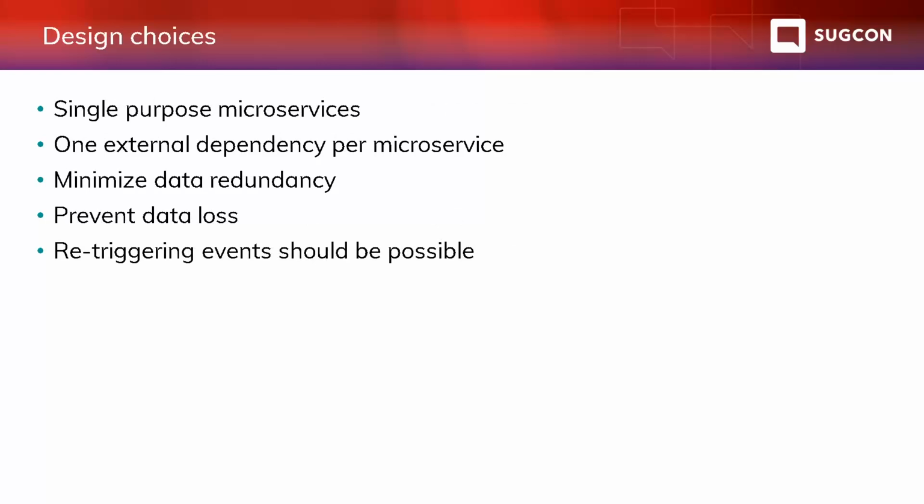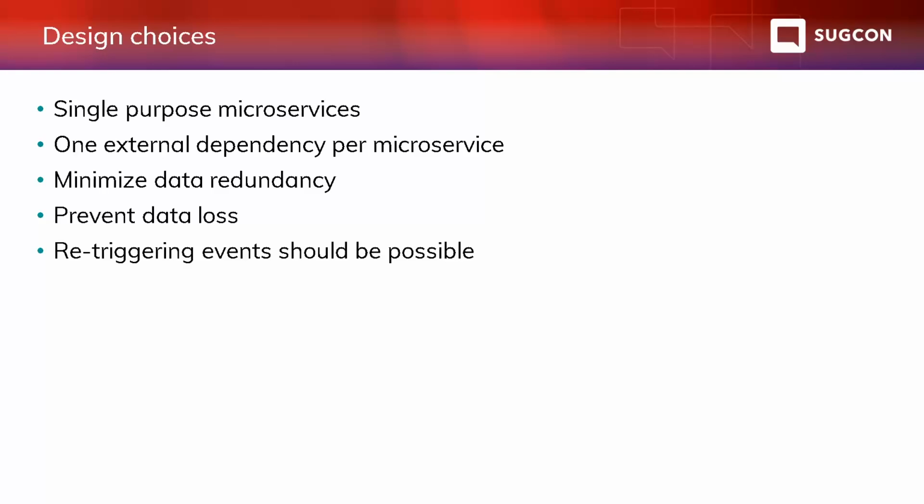The first one is that we only want single-purpose microservices to build integrations, and only one external dependency per microservice. Like if you're pulling data from an external microservice and you need to wait for another to be available or send a message over, then you're going to lose the data if the other dependency is not available. So it'll get clear when you see the picture.